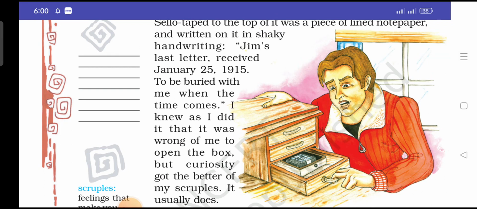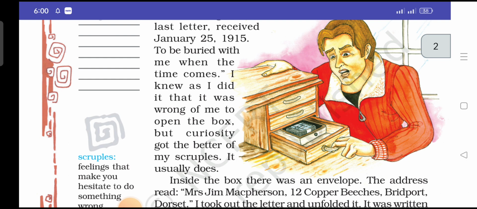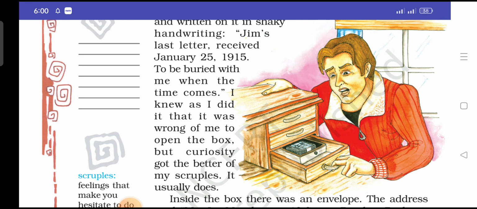I knew as I did it that it was wrong of me to open the box, but curiosity got the better of my scruples. It usually does. तो अब उसमें नोट पैड था, the writer has seen one notepad and here it is written that buried it.